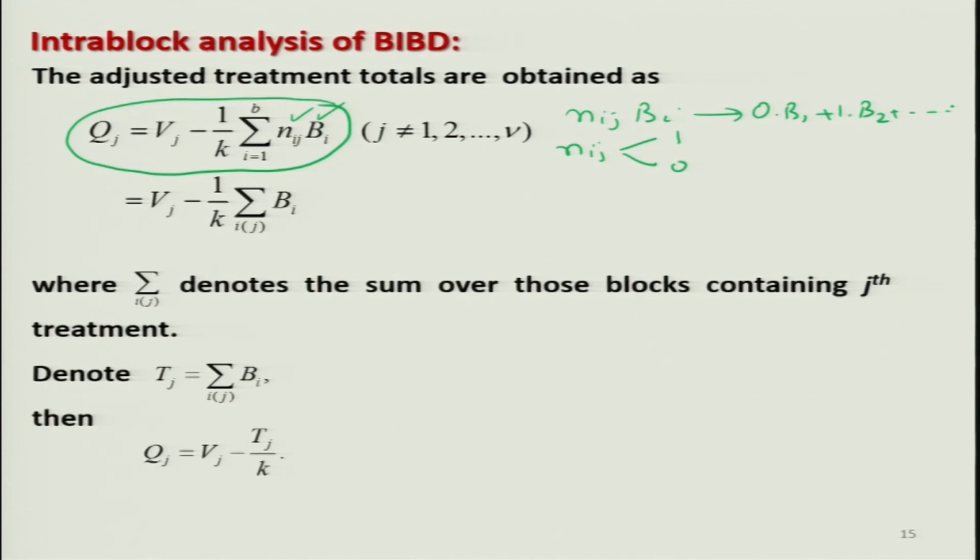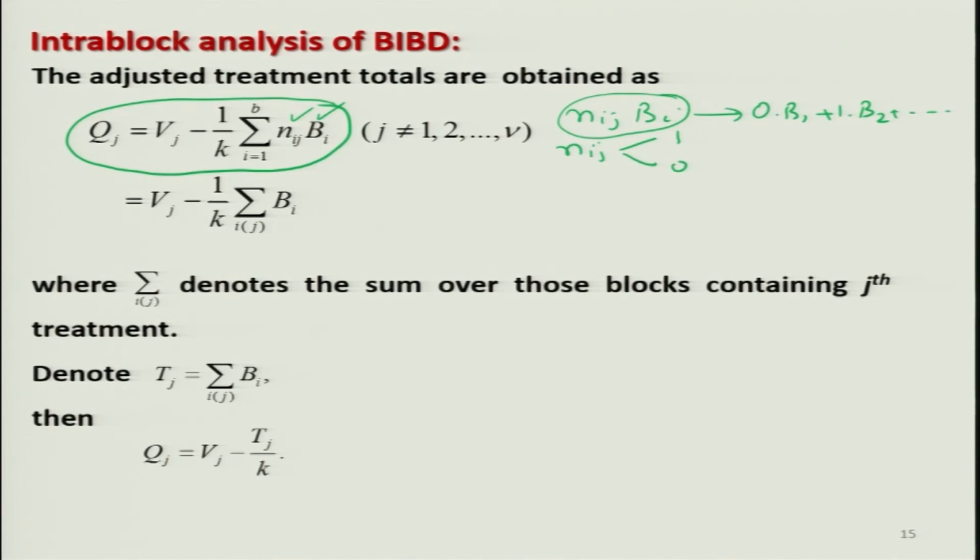Wherever Nij equals 0, the entire contribution of this product will become 0, and wherever Nij is equal to 1, the entire contribution of this product will appear as the block total.